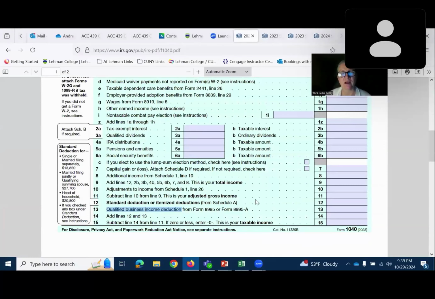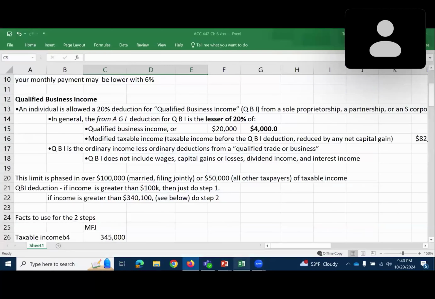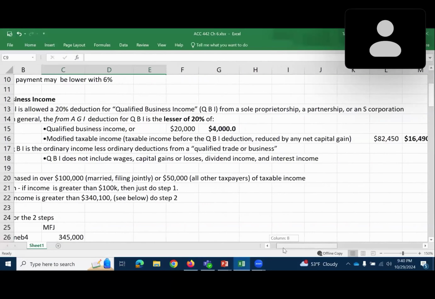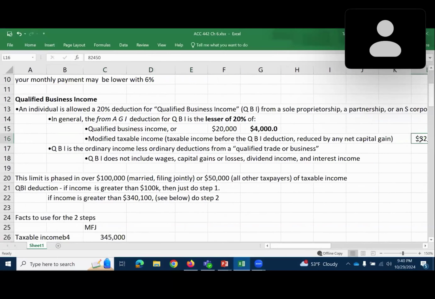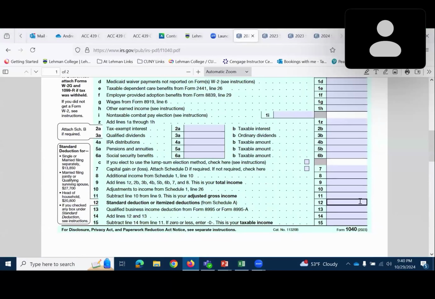Qualified business income deduction. So let's say I had $100,000. Let's say I had capital gain of 5,000.